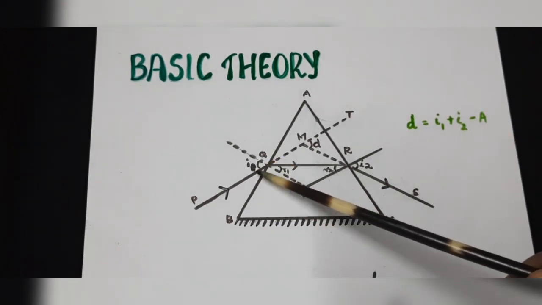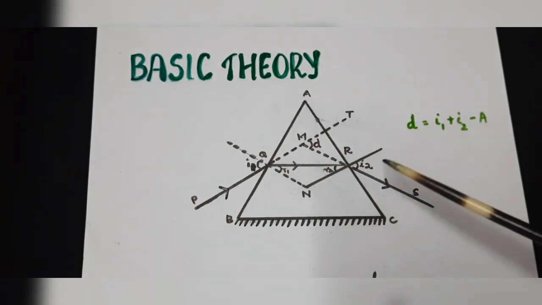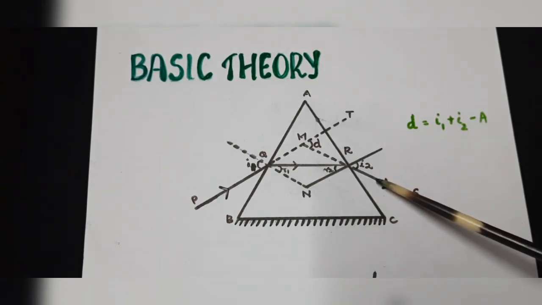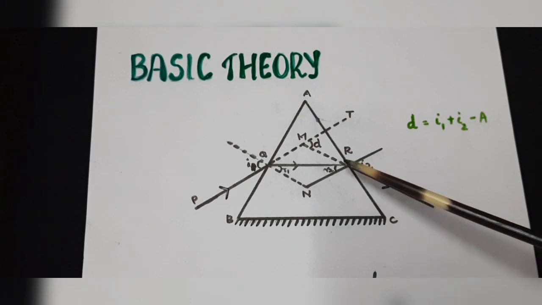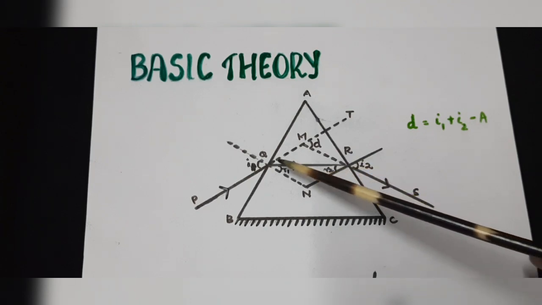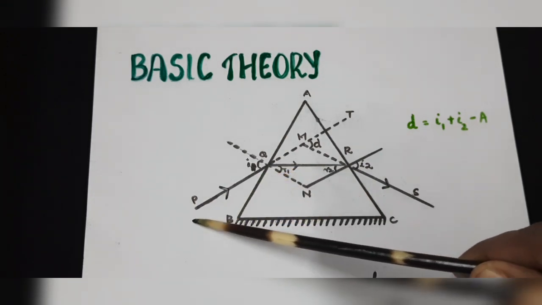Here I1 is the angle of incidence and I2 is the angle of emergence. But in optics, we can think of a ray coming through this way, and it will retrace the same path and emerge out here.